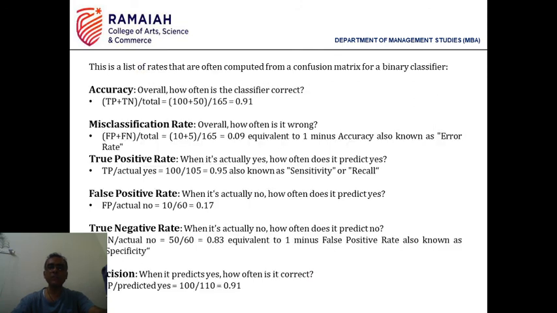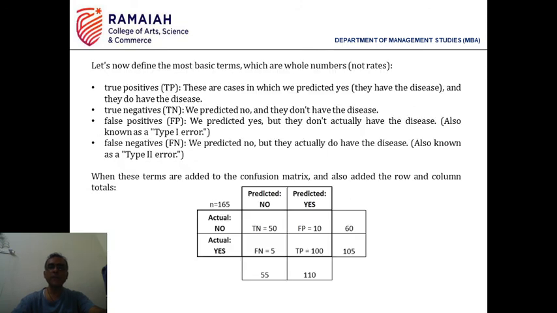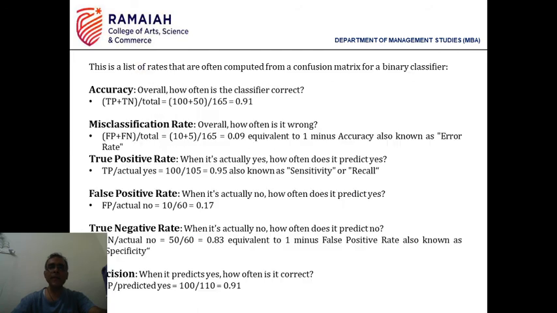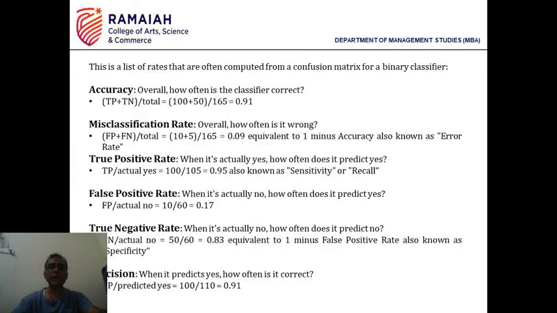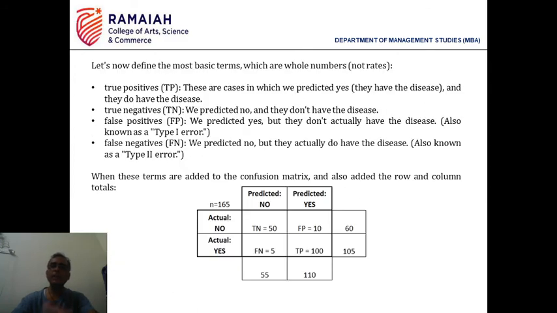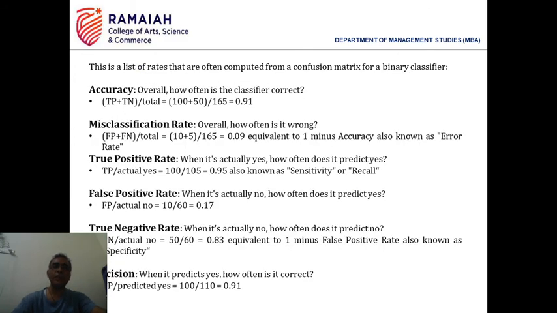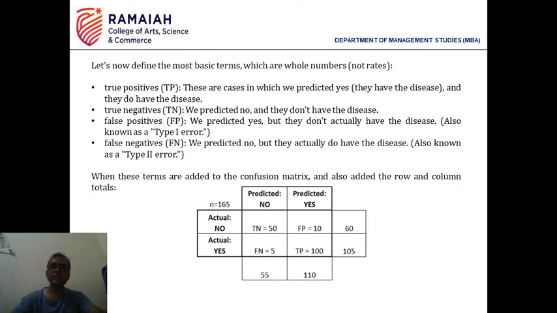The false positive is 10 divided by 60, which is your actual number. The true negative rate: when it is actually no, how often does it predict no? The true negative is 50, where the actual number is 60, which gives you 0.83, equivalent to 1 minus the false positive rate. The true negative rate is also known as specificity.